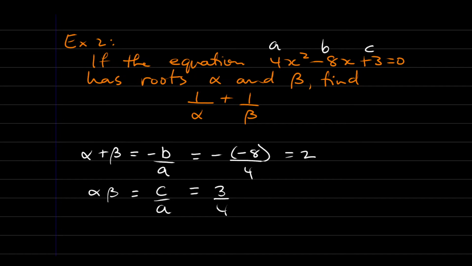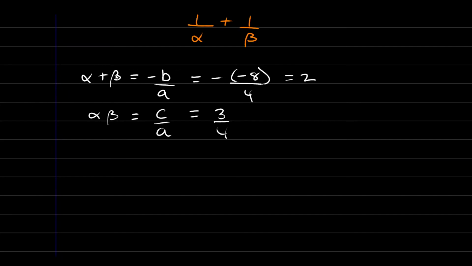And then let's go about rewriting this a little bit. Use some algebra so that you can have these inside of it. So we're going to have 1 over alpha plus 1 over beta, and we can use our fractions rules and find the product of these at the bottom, and we'll get the LCM.